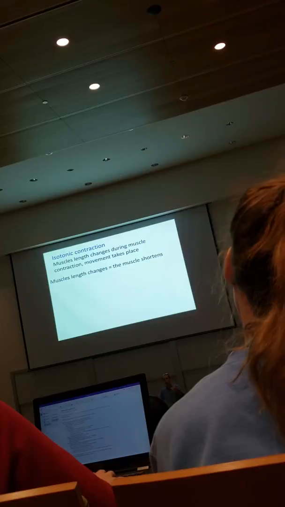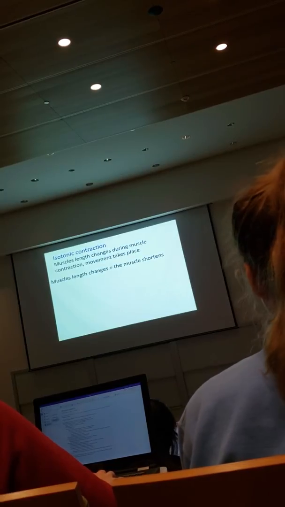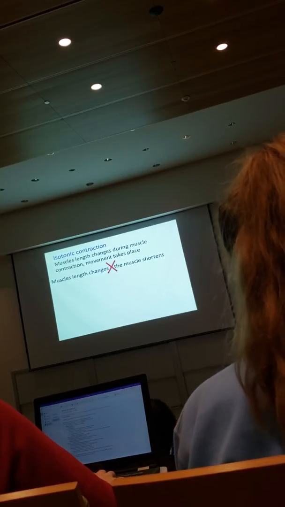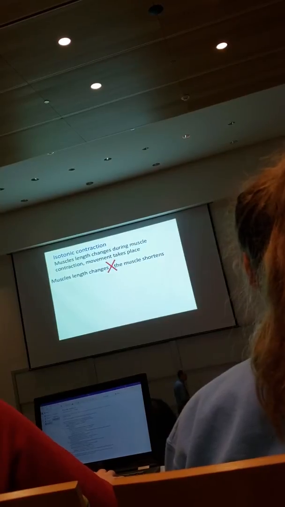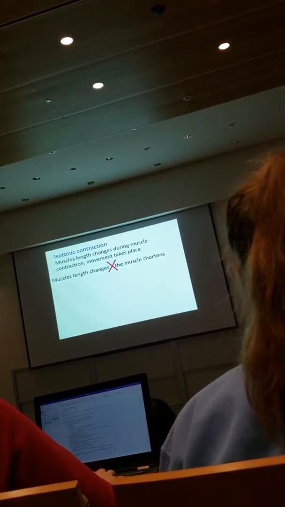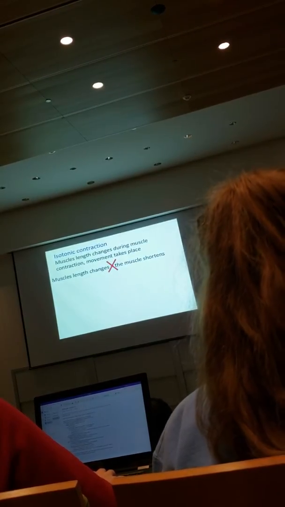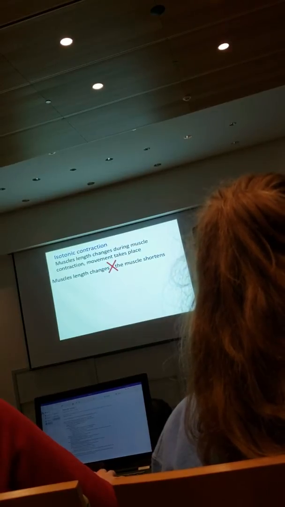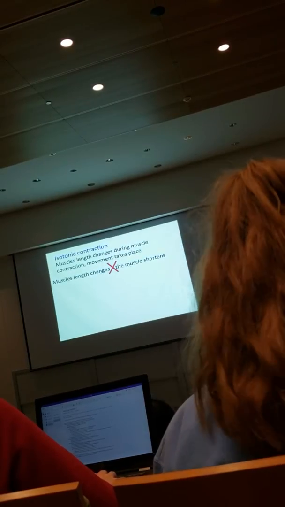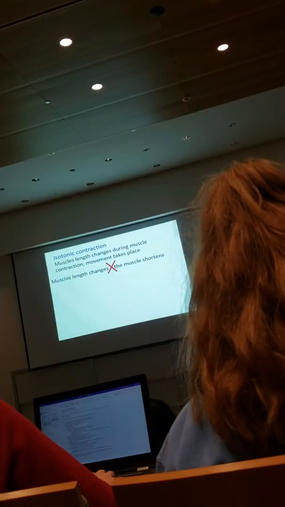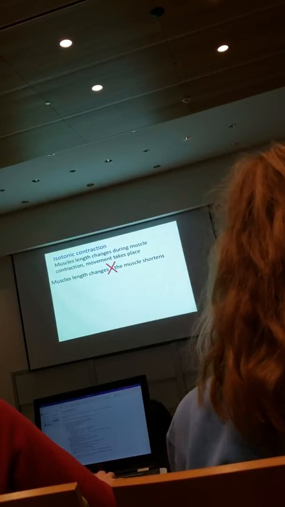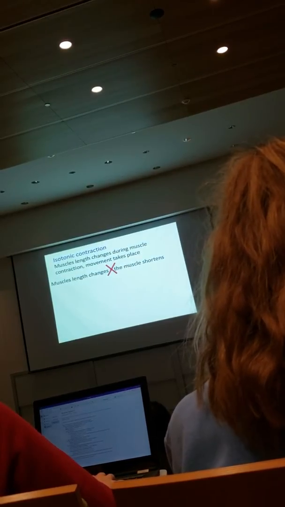Yes, no, 1, 2, 3? Yes. You should have known at this point that it's wrong. If I'm throwing you something that is so obvious, it's probably tricky. The answer is not no. The answer is it can be yes and it can be no. So the muscle can contract and shorten, but the muscle can also contract and lengthen. How is that possible?